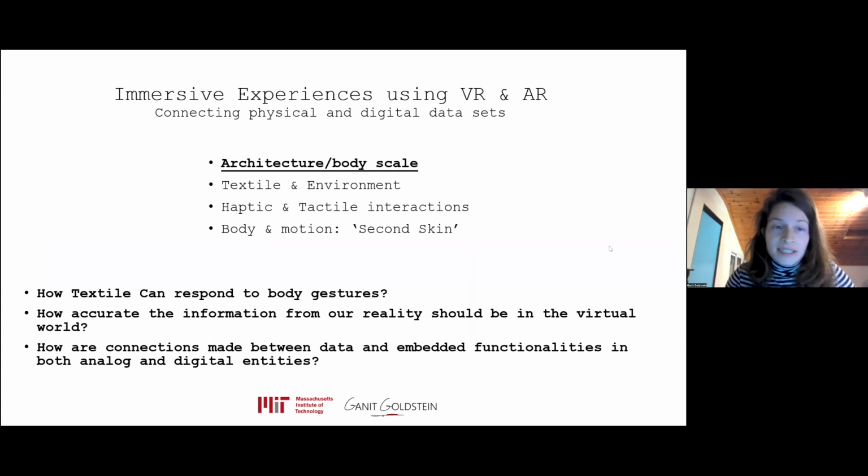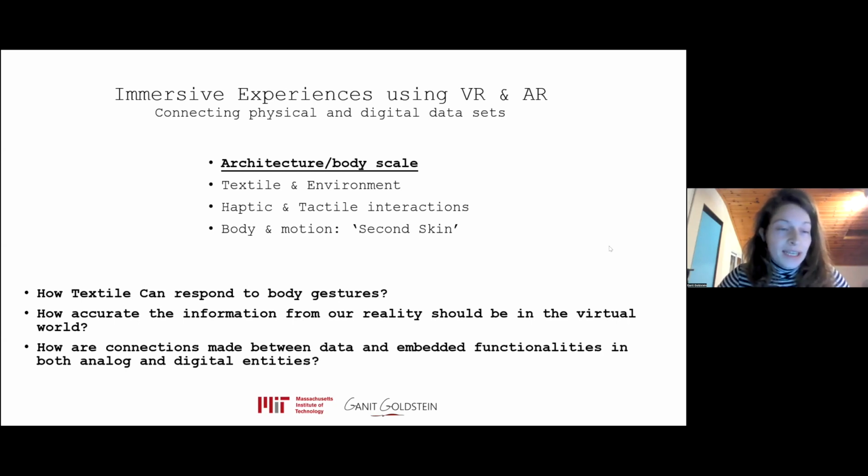I've been studying this connection also from the architecture scale, not just the body scale, thinking about the environment and how we connect haptic experiences and tactile interaction inside VR experiences. The most recent project that I will show today was with the immersion lab, where we worked on body and motion relationship and building this second skin study.